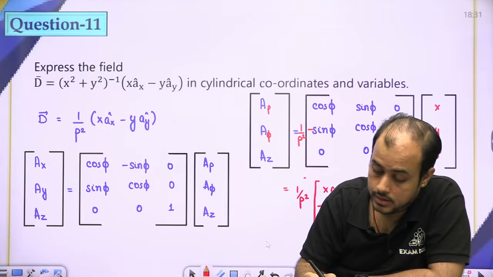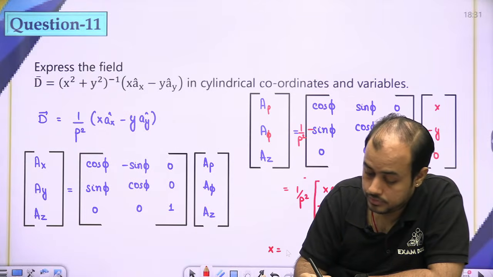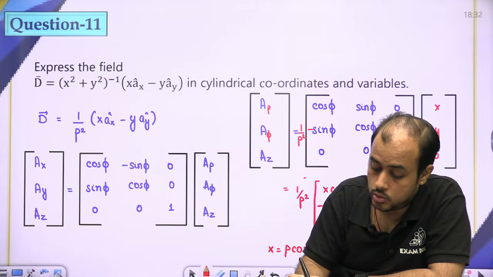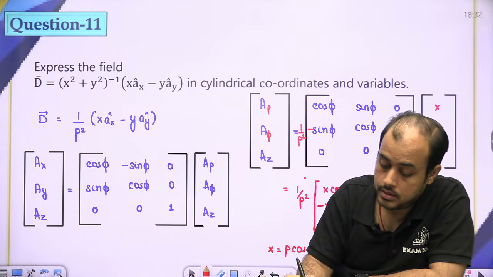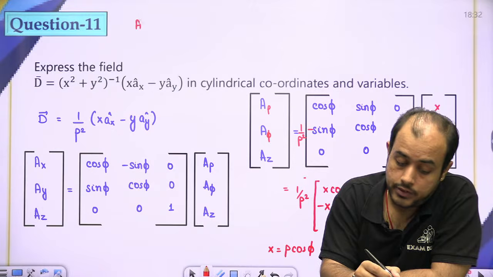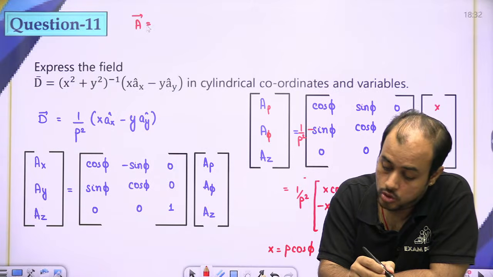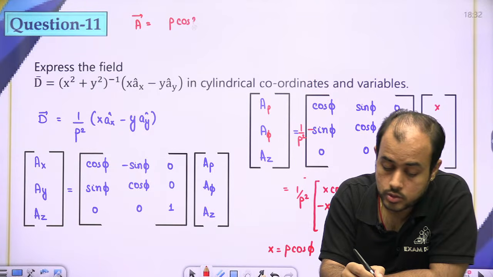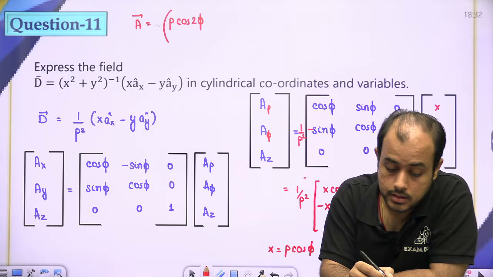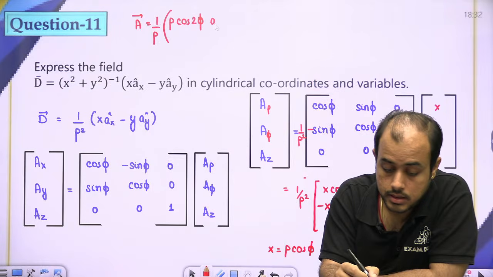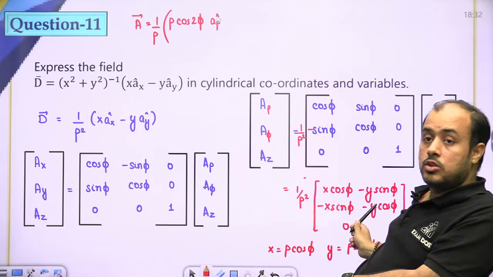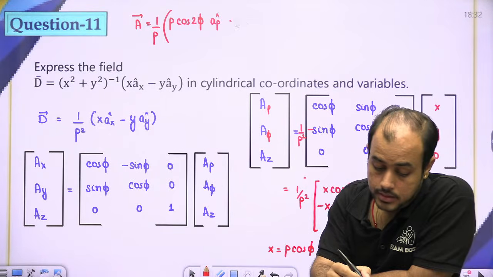Okay. Now x is rho cos phi, y is rho sin phi. So the vector will become rho cos square phi minus sin square phi, so rho cos 2 phi. Rho cap. Here rho cos phi sin phi, rho sin phi cos phi.